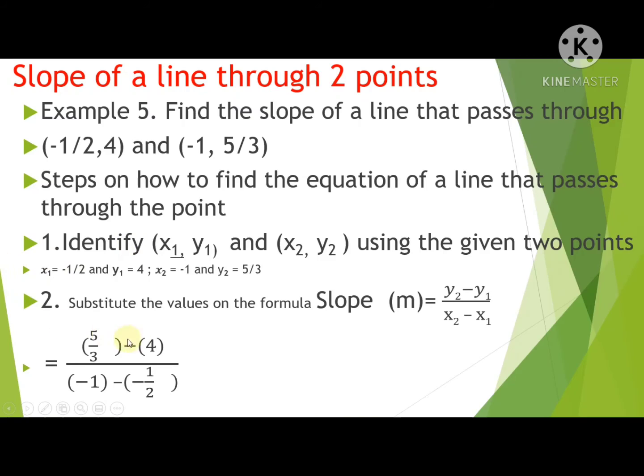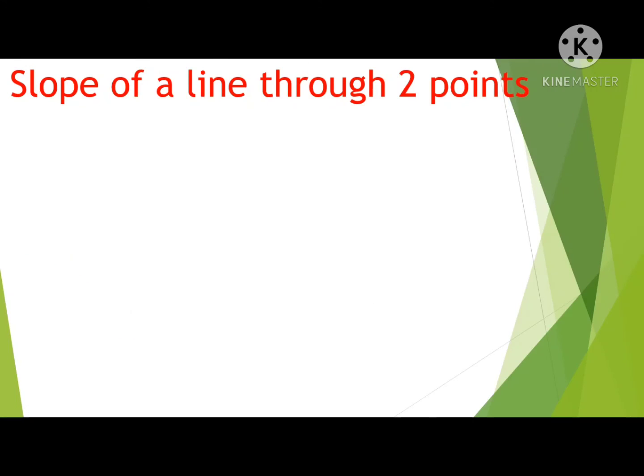So, our y sub 2 is 5/3 minus 4 all over negative 1 minus our x sub 1 which is negative 1/2. Since we are subtracting dissimilar fractions, we just get first the LCD.